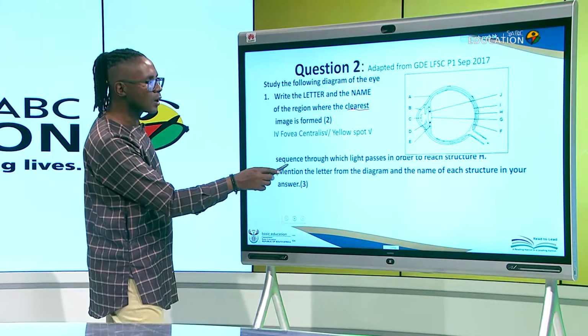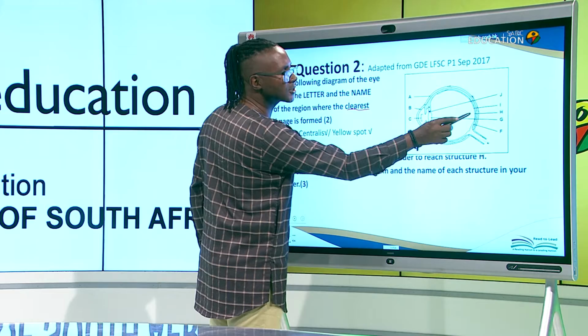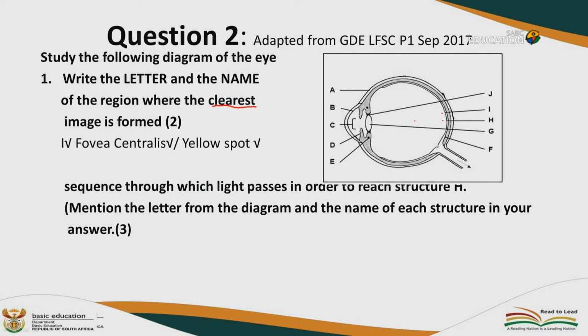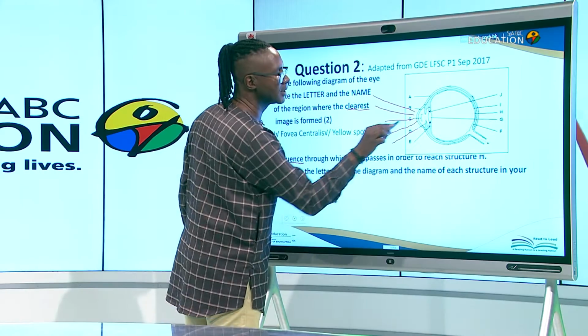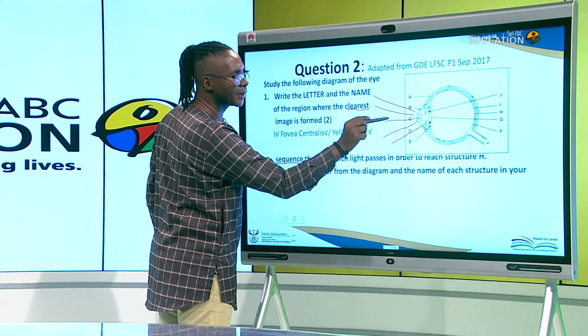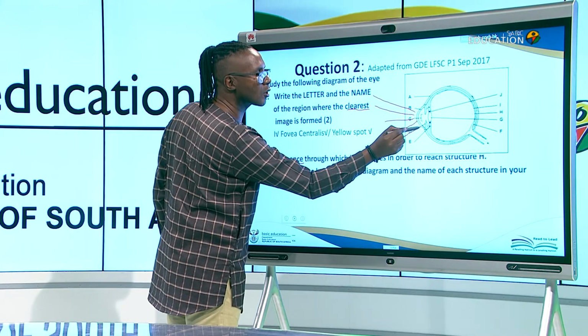Write down the sequence in which light passes in order to reach structure H. Structure H is our retina. Now, the sequence, light from outside getting inside, that's what they want, the sequence in order. So light strikes from this side, and it has to refract, it has to bend. It passes through the outermost, the bulging part, which is the cornea.